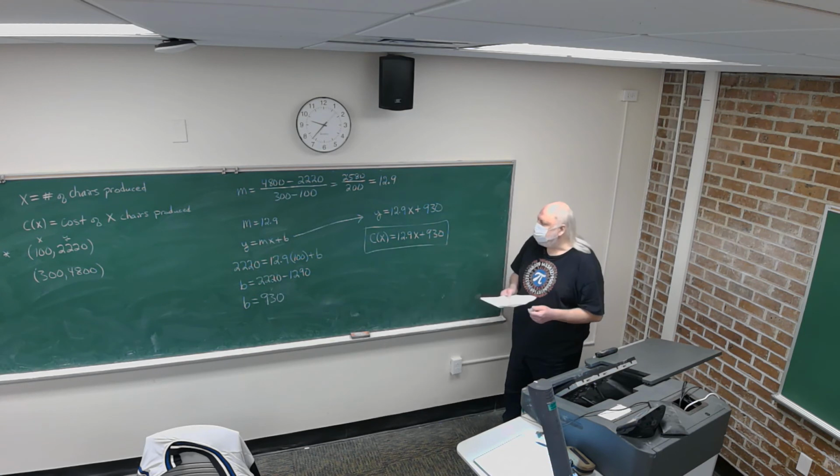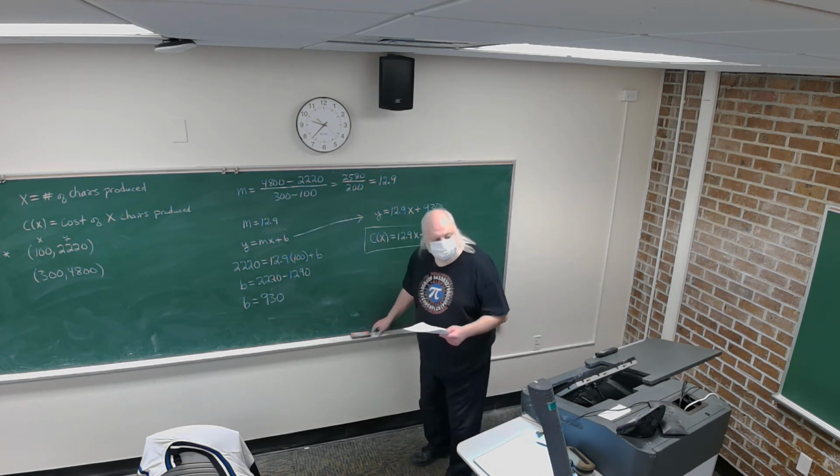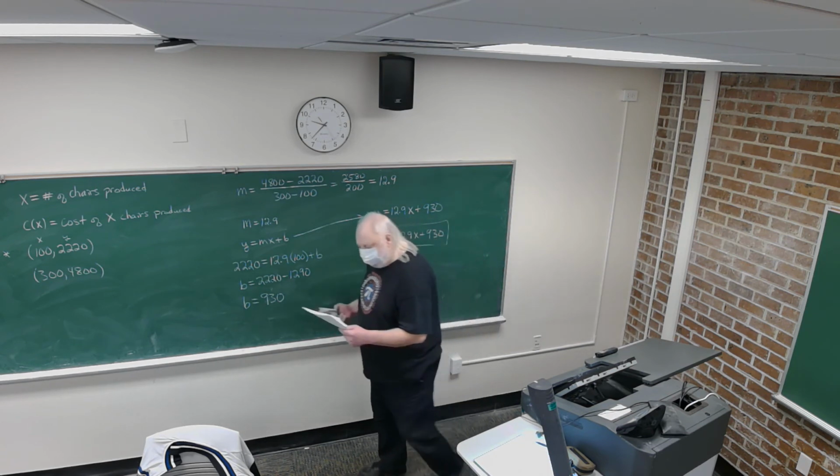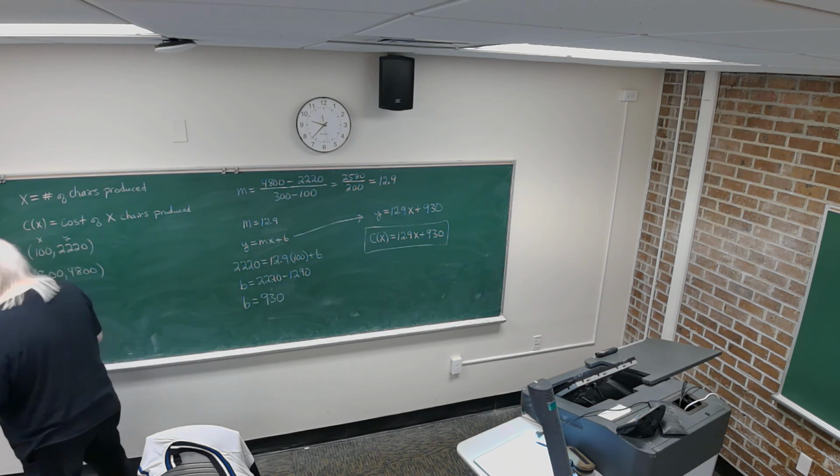So this is our cost function, right? That expresses the cost of the chairs as a function of the number of chairs produced. Any questions on A?